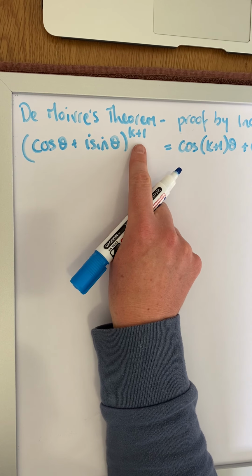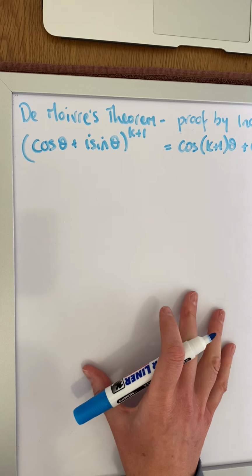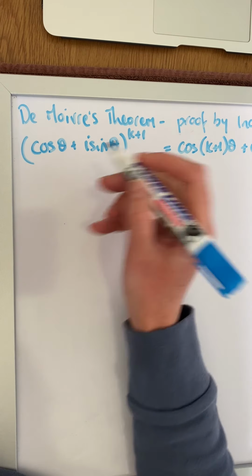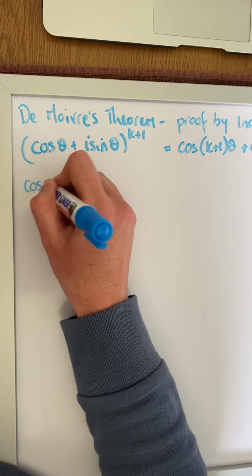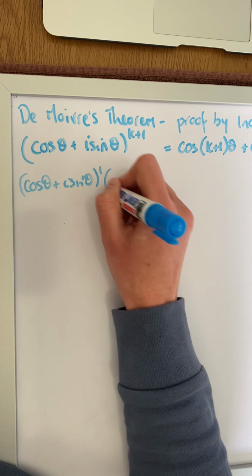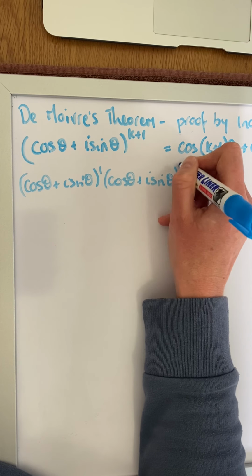Okay. All right, so let's look on our left hand side. For De Moivre's theorem, you just have to learn this process off. The first thing we want to do is look at splitting down our index. So we're looking at (cos theta plus i sine theta) to the power of 1 multiplied by (cos theta plus i sine theta) to the power of k.